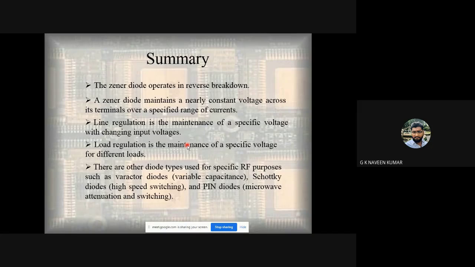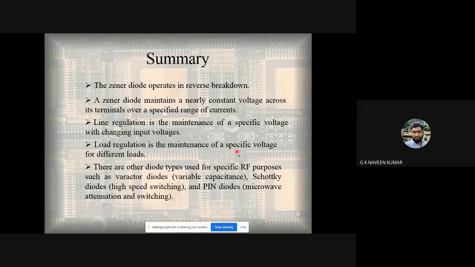That specific voltage is the voltage that appears across the Zener diode when it is in reverse bias. Once the breakdown occurs, it will have a constant output voltage across the Zener diode. That voltage is your specific voltage.